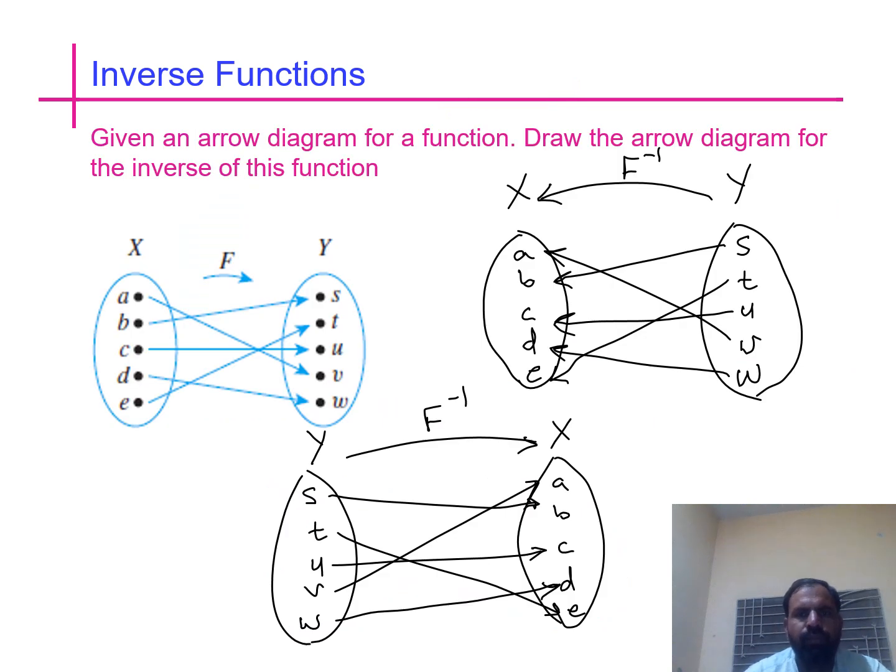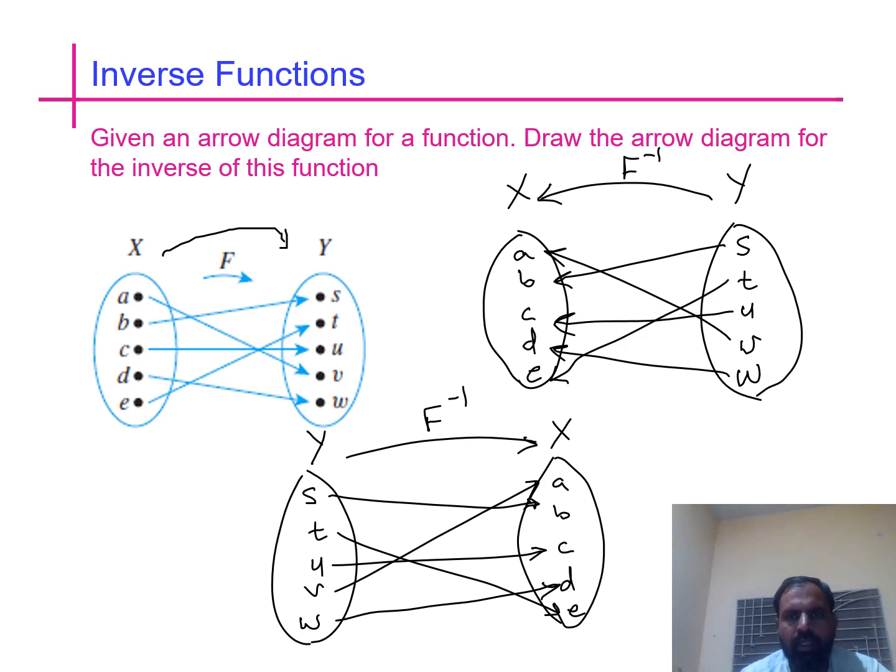Here we give examples of f inverse. We are given an arrow diagram for a function. We draw the arrow diagram for the inverse of this function. Here f is the function from x to y. The arrow shows from where to where the function goes, meaning x is the domain set and y is the codomain set.